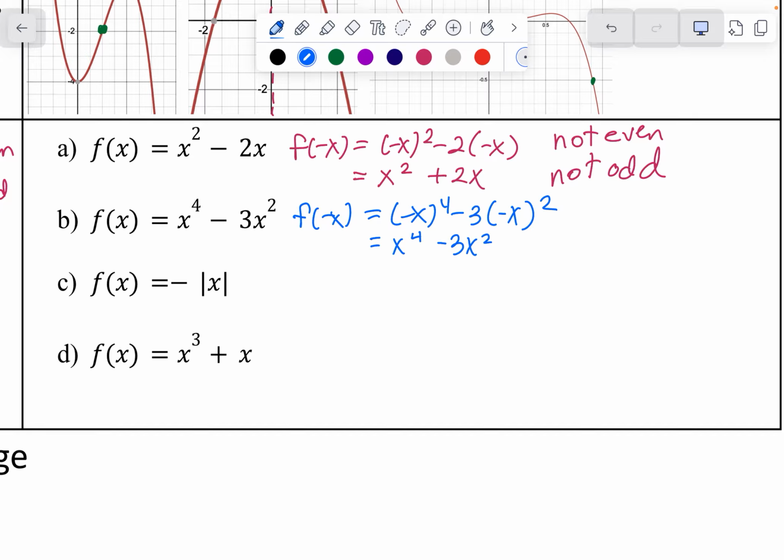So the first thing you always ask yourself is, does it look like the original? Is it an exact match of the original now? Yes. So it's even. We can stop. If it looks like the original, it is a function that is foldable over the y-axis.